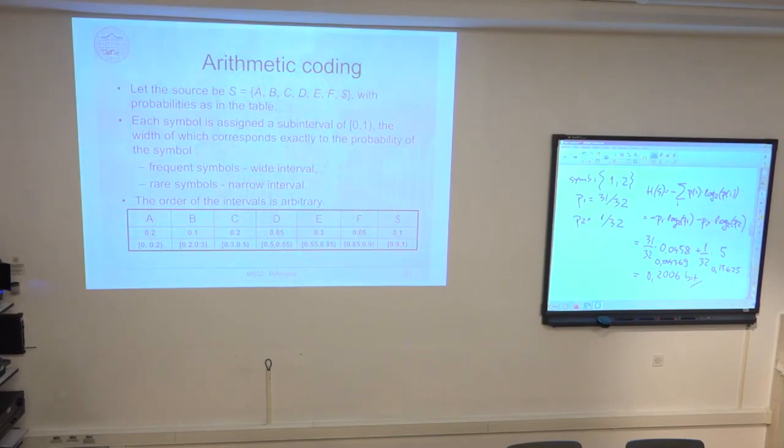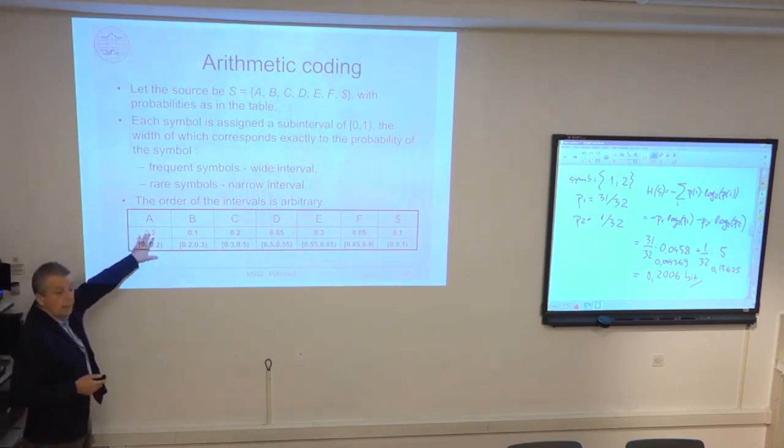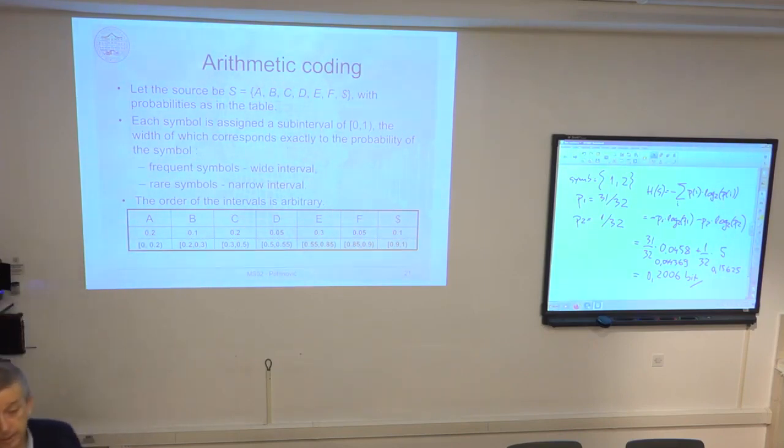And he said, if I know these probabilities, I will simply assign an interval range for each given symbol. So any real number in the interval from 0 to 0.2 will be good enough to represent symbol A. I can select any number, 0.19 for example.